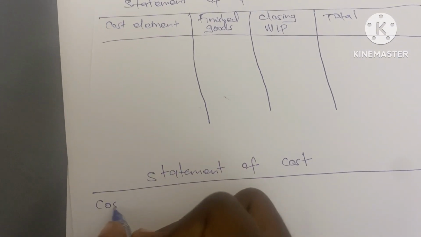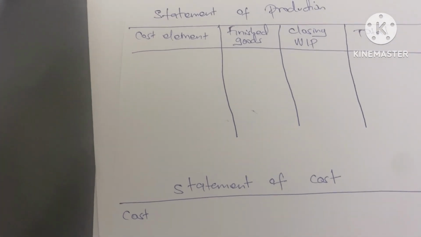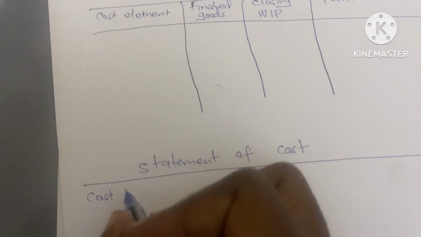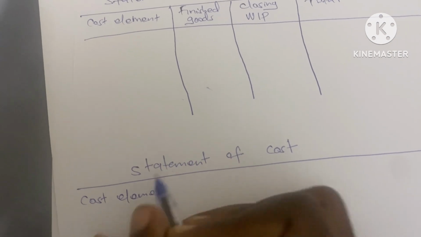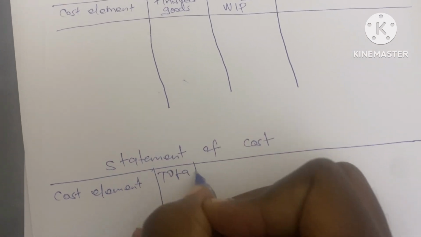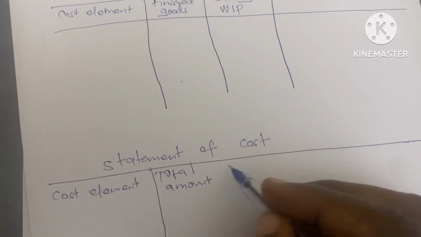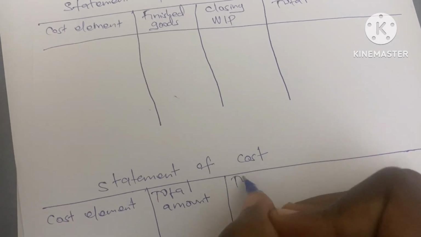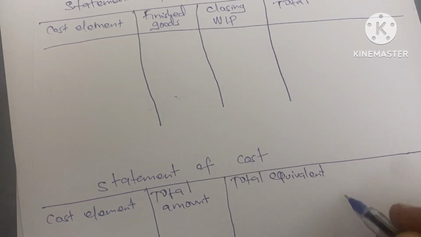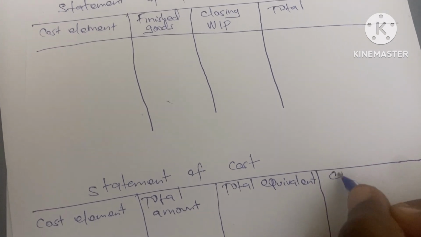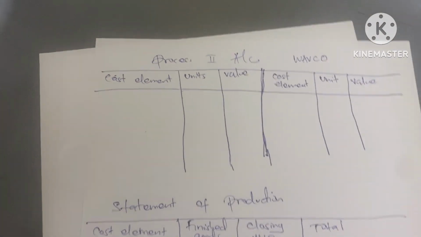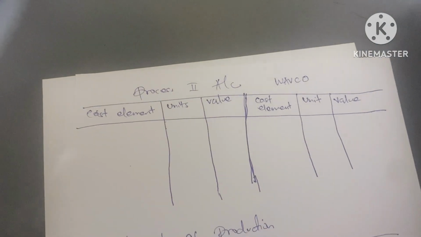So it is cost element, here we are going to have the total amount, then total equivalent, then we have the CPU. Like that.